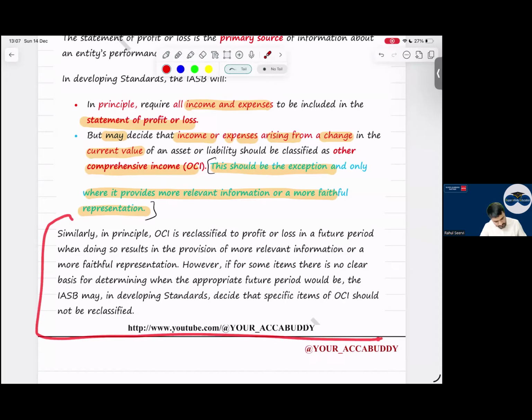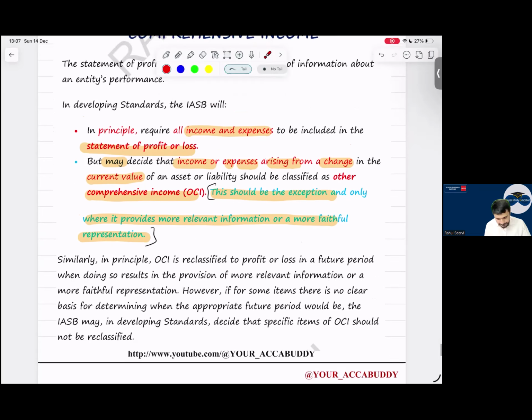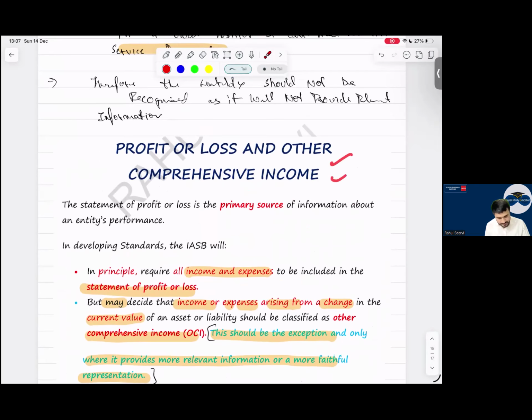This is regarding what? Can I say reclassification? Whether we should take the difference in the OCI item, other components of equity, to P&L or to retained earnings. It's about that. And as I mentioned, for OCI, reclassification is clearly mentioned in the standard, and we have to follow that. Yes, sir. So this part is done.